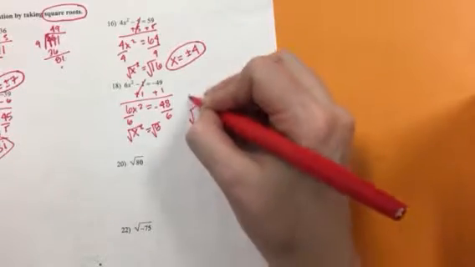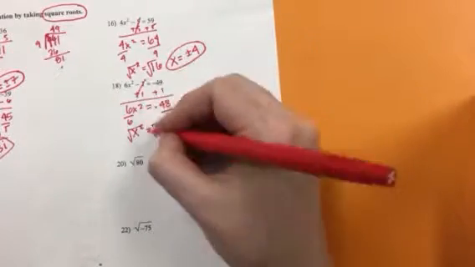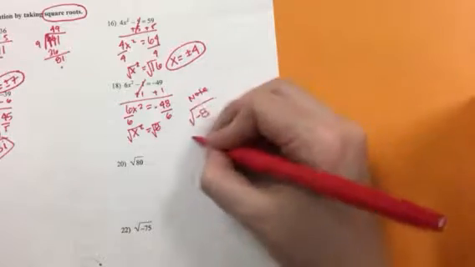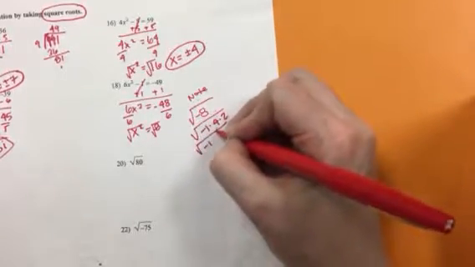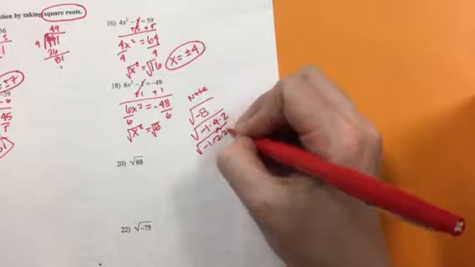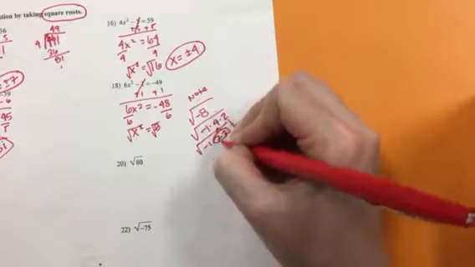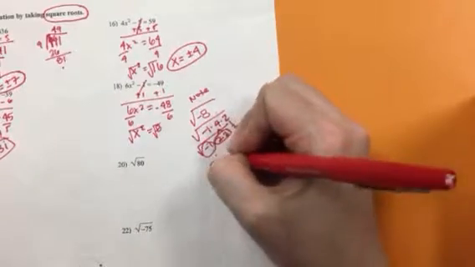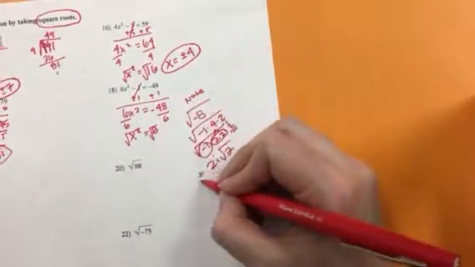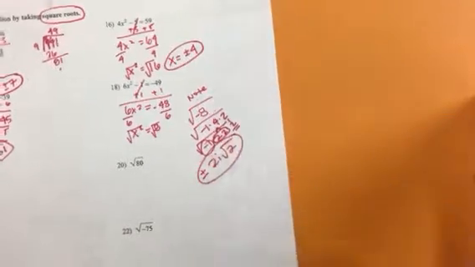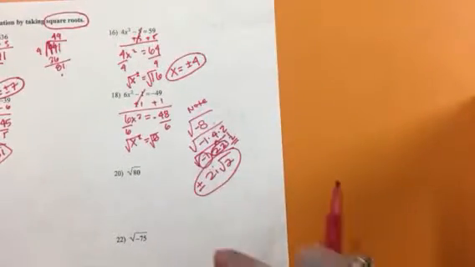Square root of 8 we have to simplify. Negative 1, 4 times 2. The 4 can break down to 2 times 2. Those can leave, the 1 can leave, and the 2 is left inside. So plus or minus 2i root 2 is our solution for number 18.